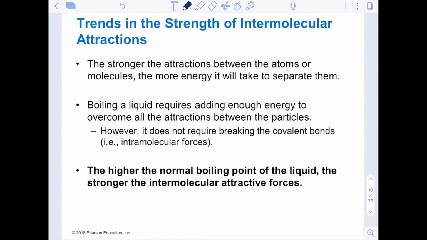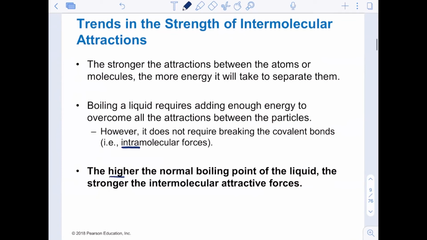Now notice this is not intramolecular, this is not chemical bonding that we're breaking. We are simply changing the state of matter. Okay, so typically the higher the normal boiling point, normal just meaning at 1 atm, of the liquid, it will correlate with the stronger intermolecular forces of attraction.